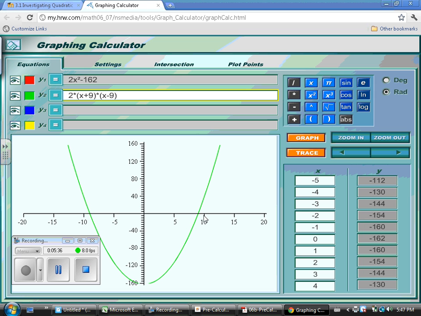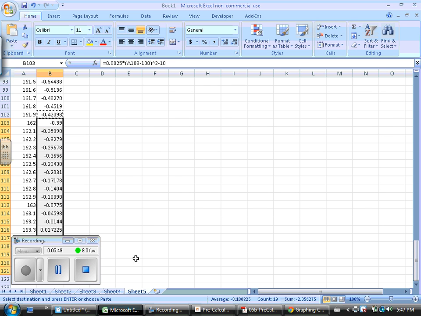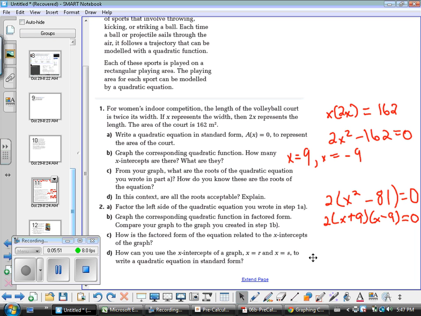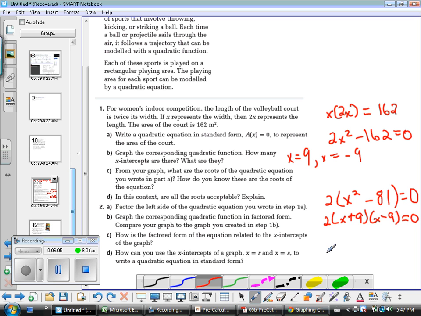Okay, and how can you use the x-intercepts of a graph to write a quadratic equation in standard form? Well, now you might have said, okay, I know my intercepts are x plus 9, x minus 9. If the x-intercepts are r and s, that means your function is going to have as two of its factors x minus r and x minus s.